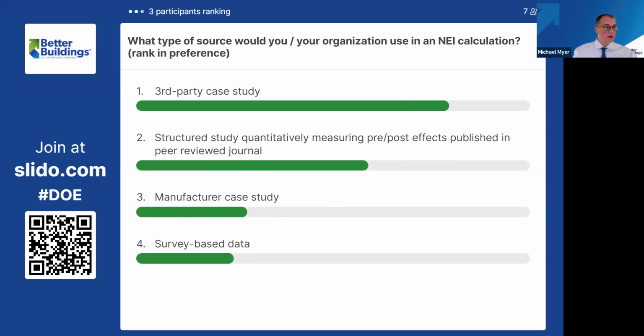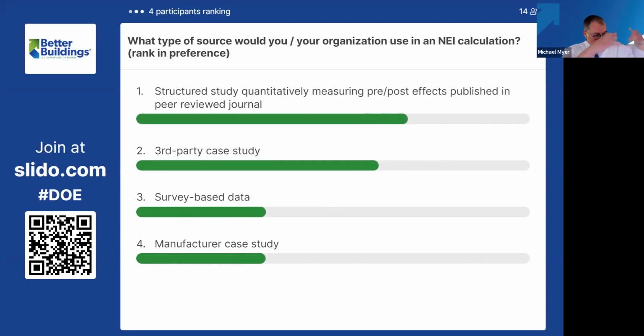So again, the idea here is I've shown you the different data set examples that are out there and explained some of the concerns that other NEIs have looked at of how do you weight the confidence of it or the plausibility of it. Now you as potential buildings or utilities or others who might be implementing an NEI into your value calculation, if you knew that the underlying data was X, how would that affect your answer?